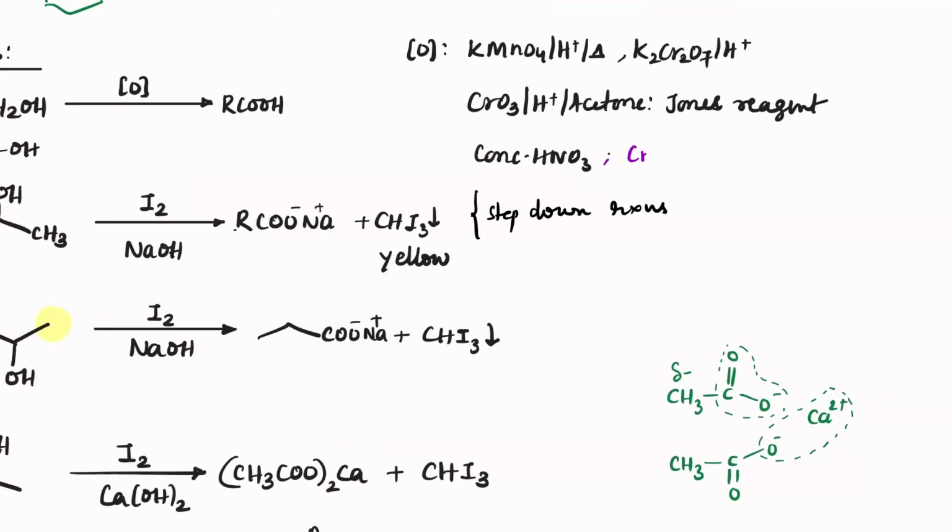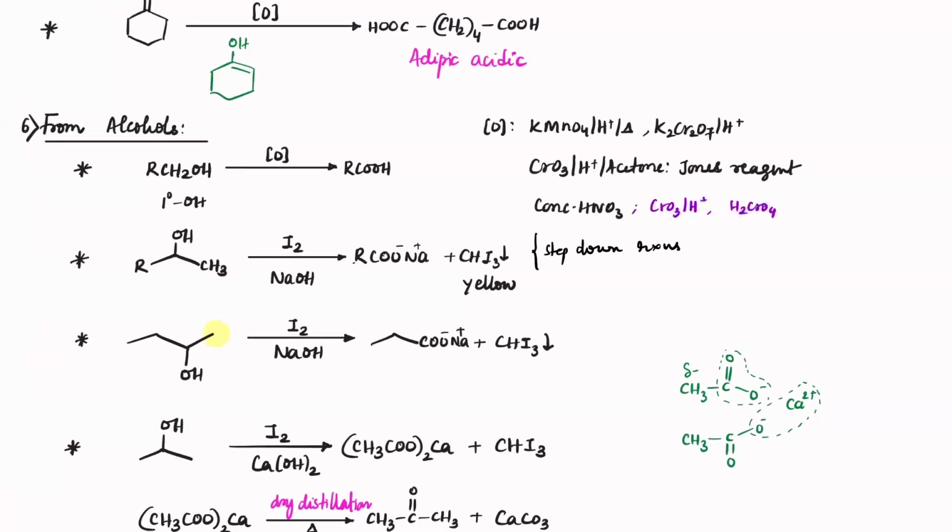In fact, if you simply use CrO3 plus H plus, or H2CrO4, both these forms are always taken for complete oxidation. So that will convert into carboxylic acid.